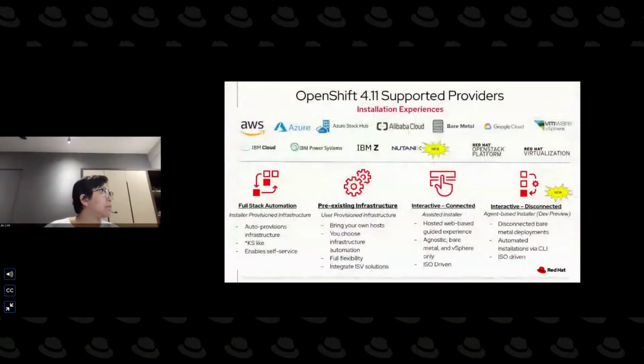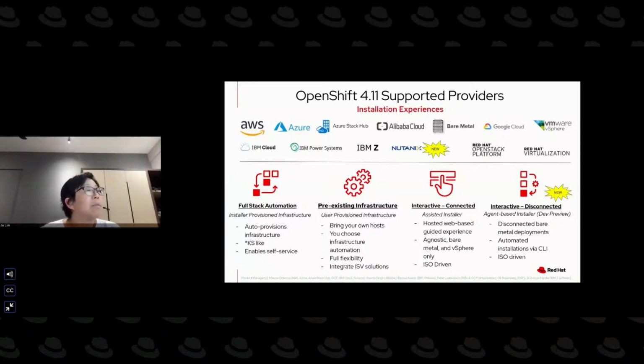All right. So in OpenShift 4.11, there are now 4 installation experiences that target varying levels of control and automation. The first is full stack automation, or installer provisioned infrastructure.